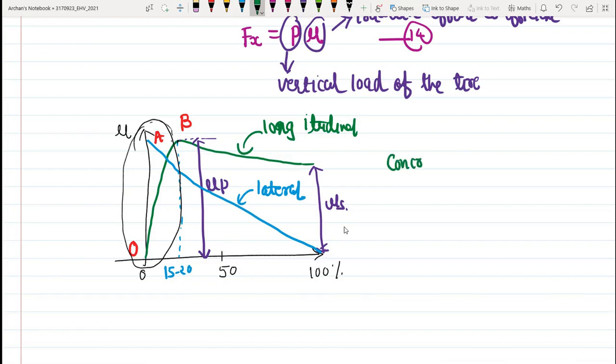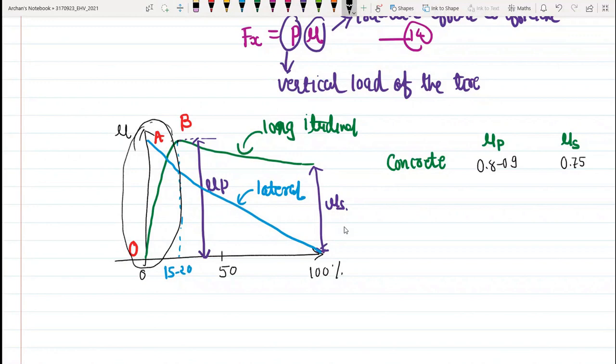If my road is made up of concrete, then the peak value mu p and the sliding value mu s on a concrete road are 0.8 to 0.9 for the peak and 0.75 for the sliding value.